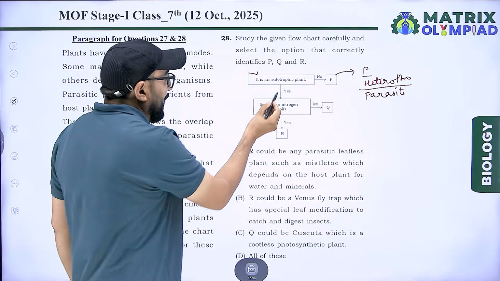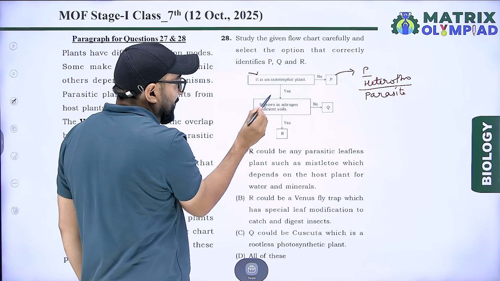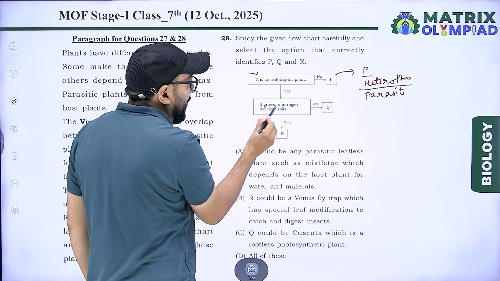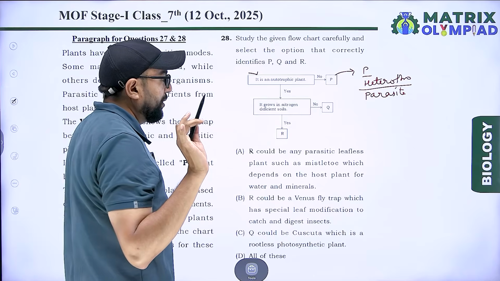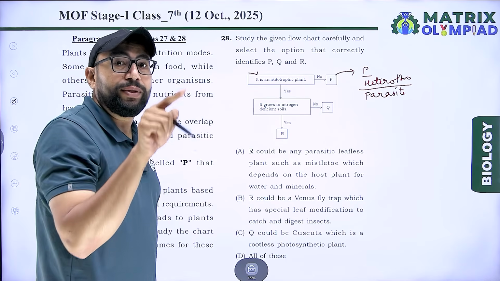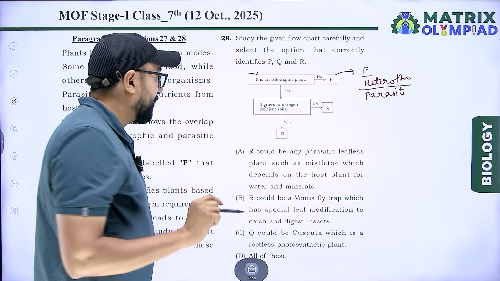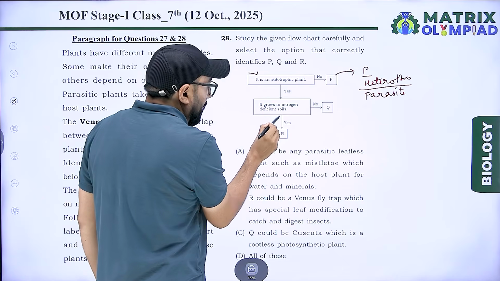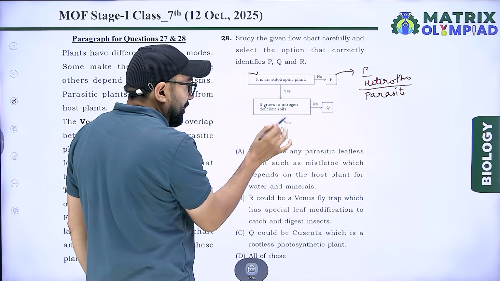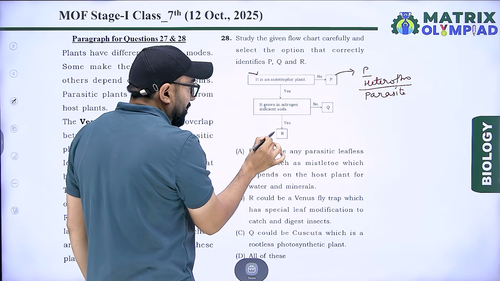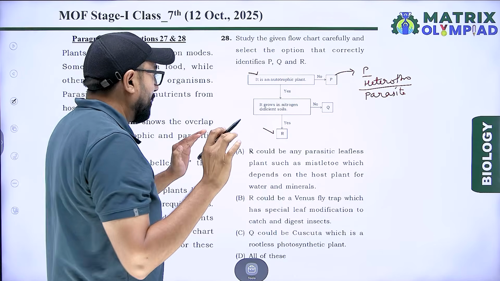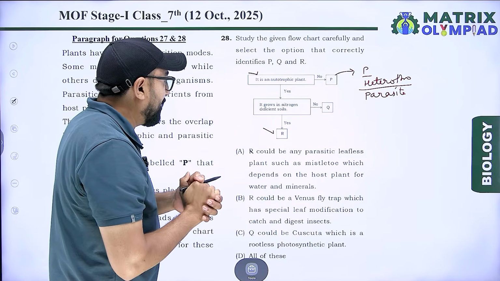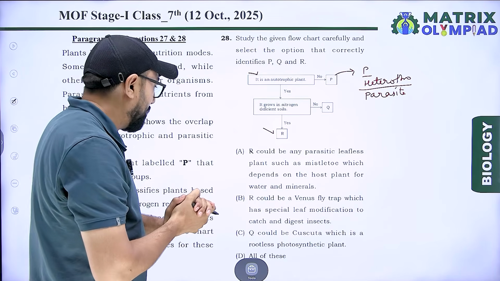Next, if yes, autotrophic, does it grow in nitrogen deficient soil? If yes, then R is the plant that grows in deficient soil.